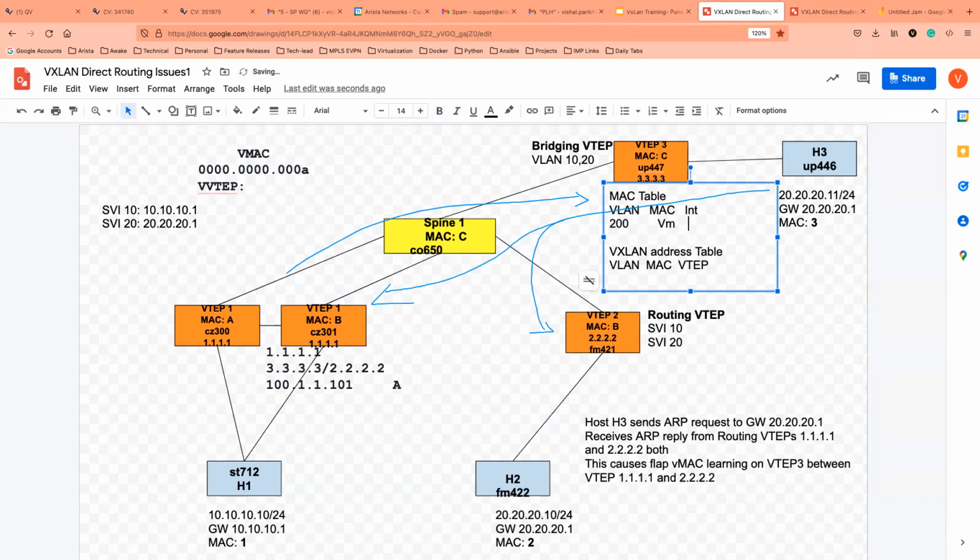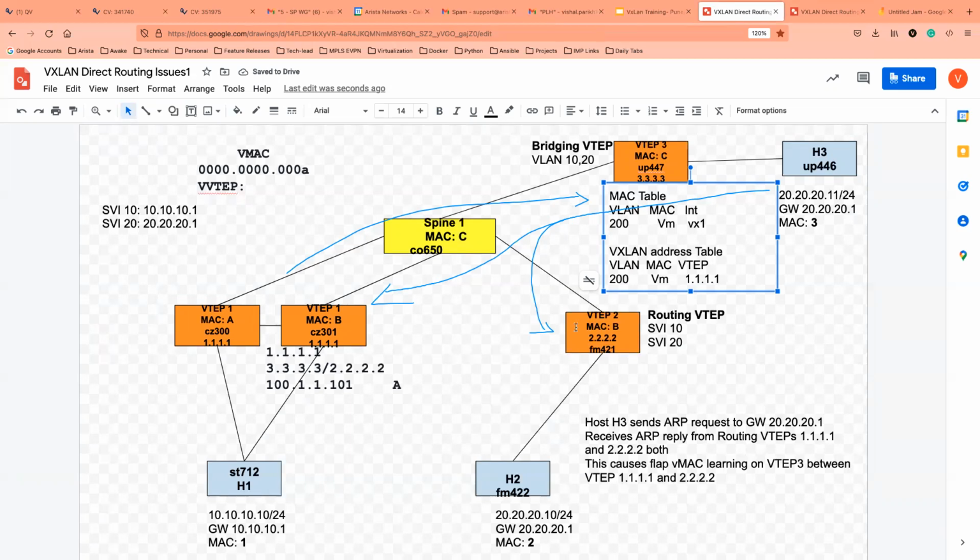And interface? VX1. What is this VXLAN address table? VLAN 200, VM, correct? And what will be the VTEP IP? We are receiving a reply from VTEP 1, 1.1.1.1, because this is the VTEP IP.